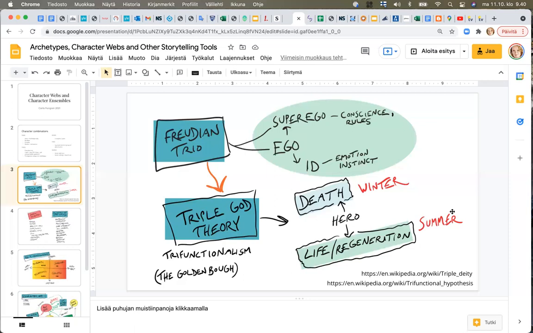This could also be a combination where we have two women and one man. That's the original triple god, I think, here. Or that we have two men and one woman. So to keep it interesting.